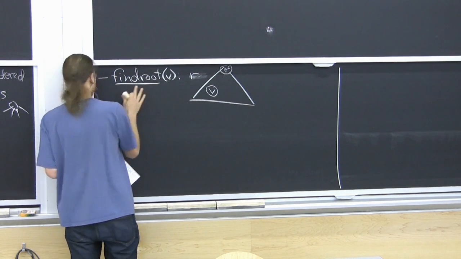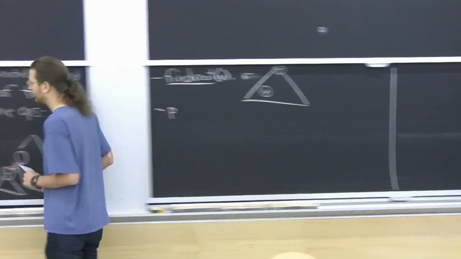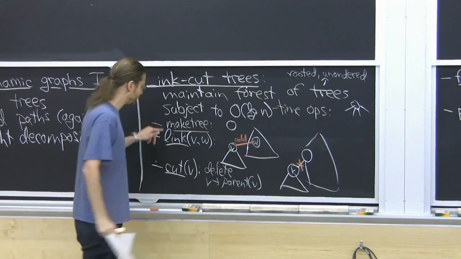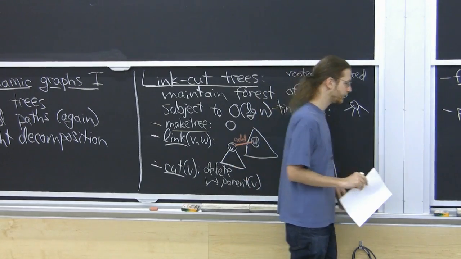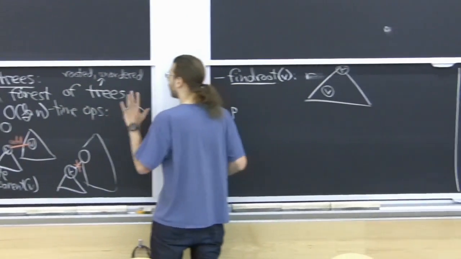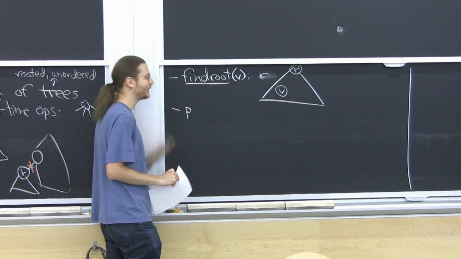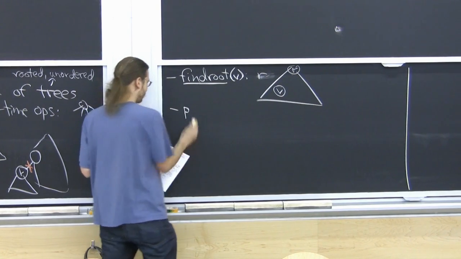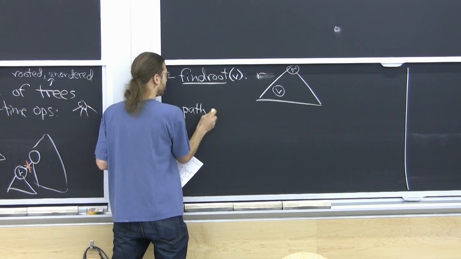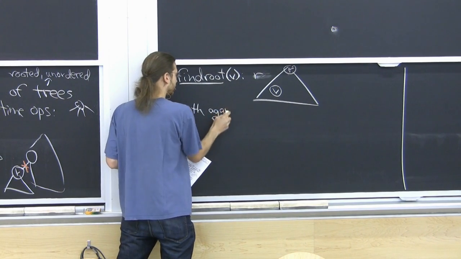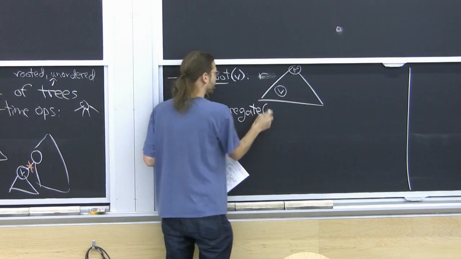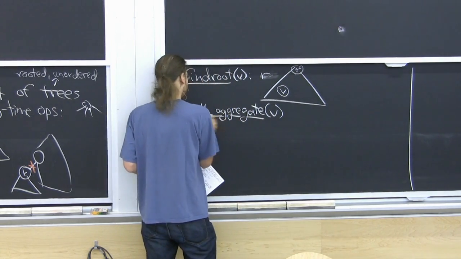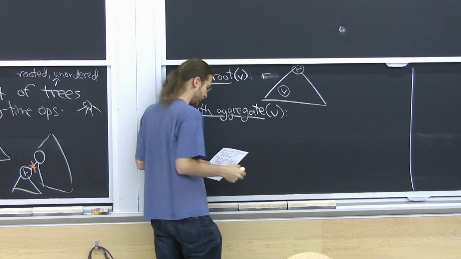We'll actually see in next class, next lecture, if you want to do make tree, link, cut, and find root, there's a really easy way to do them in logarithmic time. Link cut trees are a harder way to do it in log n time, but they support a lot of other operations. And in particular, something called path aggregation. This is kind of the essence of why link cut trees are cool.